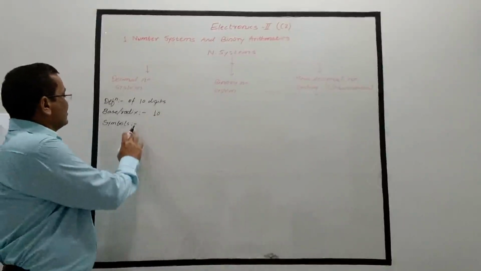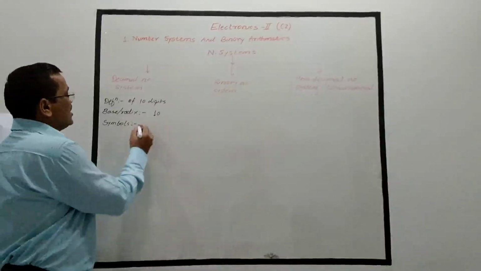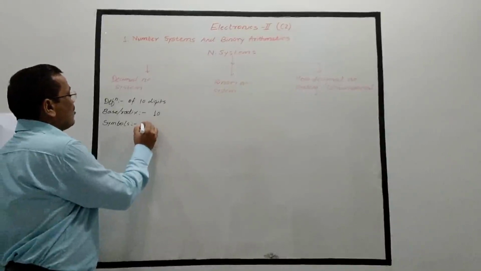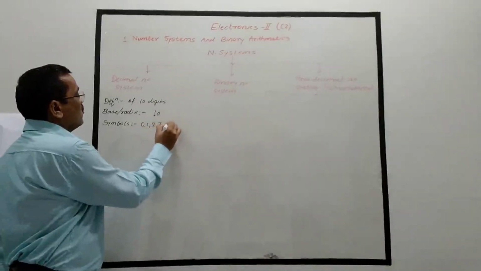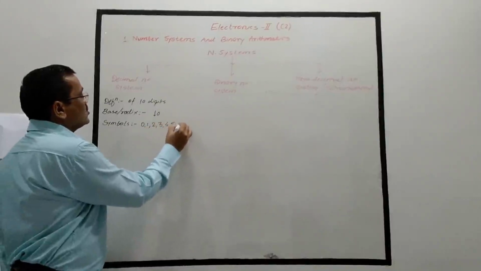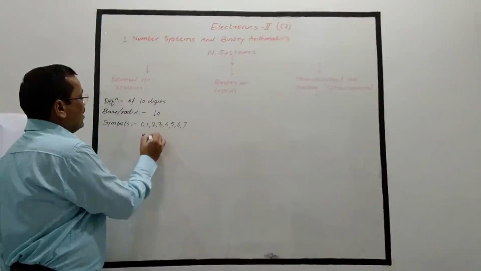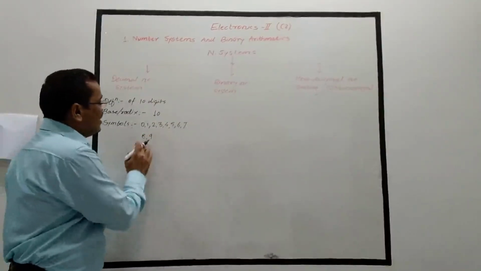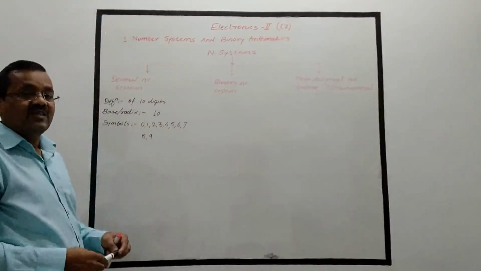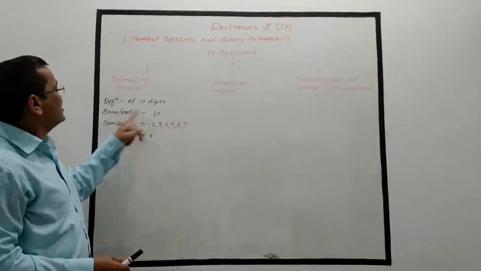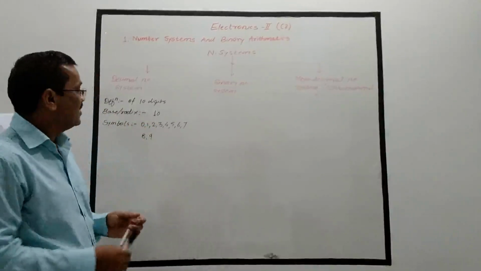And what are the symbols used? Starting from 0, 1, 2, 3, 4, 5, 6, 7, 8 and 9. So 0 to 9, a total of 10 symbols. Hence its radix is 10 and hence it is called the decimal number system.